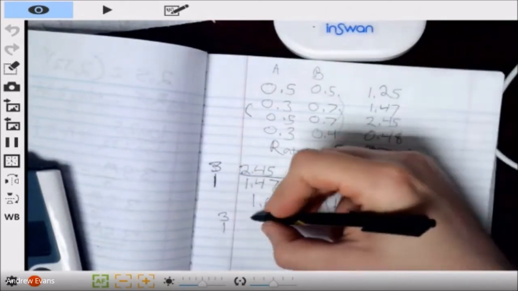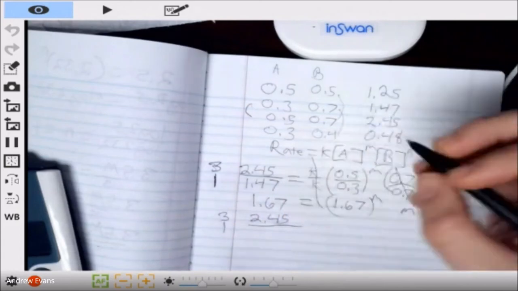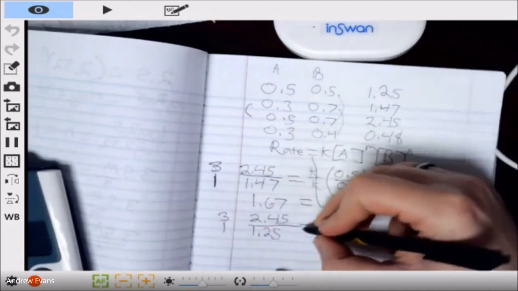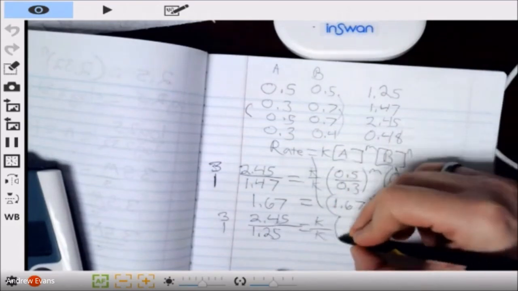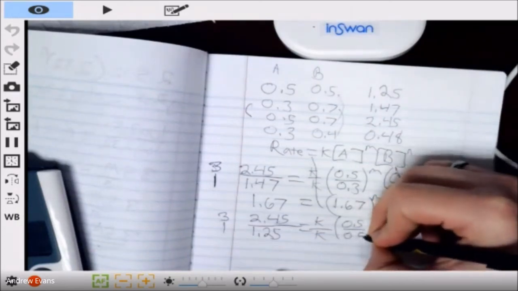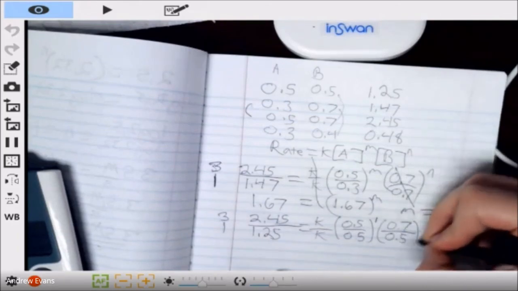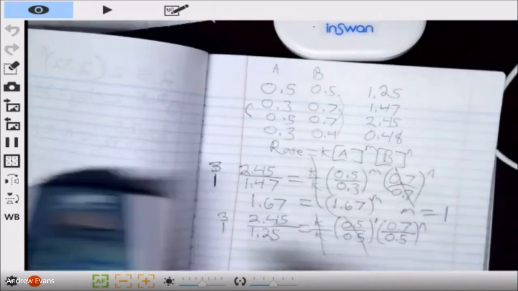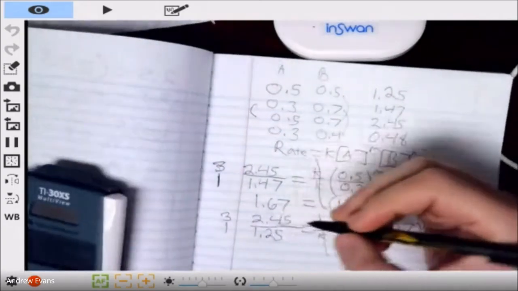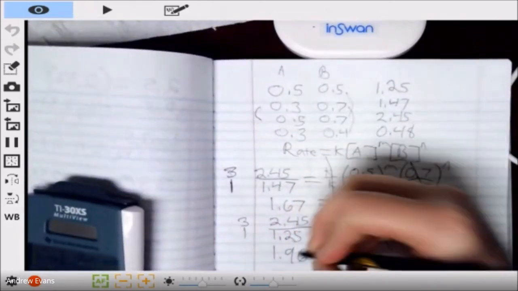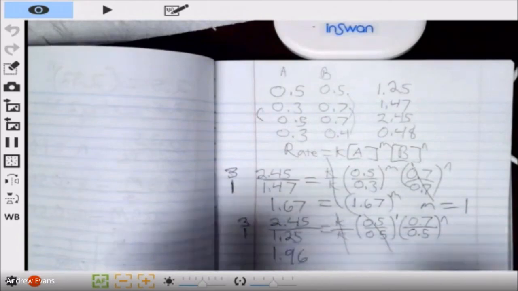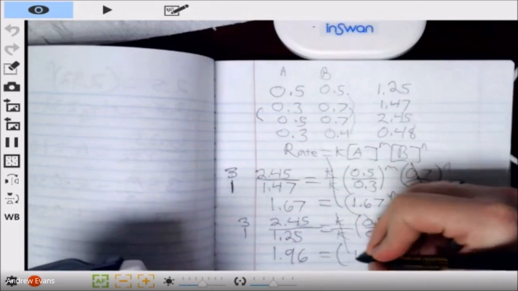We have 2.45 divided by 1.25 equals K over K, 0.5 over 0.5 to the first, and 0.7 over 0.5 to the N. Those are going to cancel. 2.45 over 1.25 is equal to 1.96. 0.7 over 0.5 is equal to 1.4, to the N.